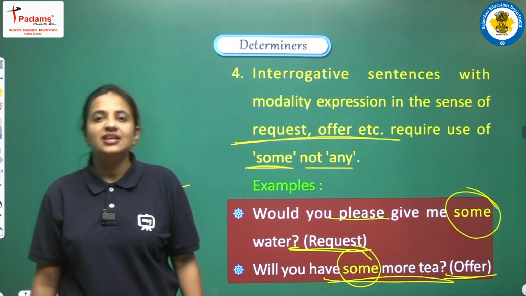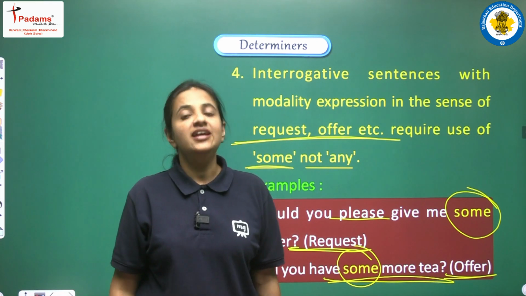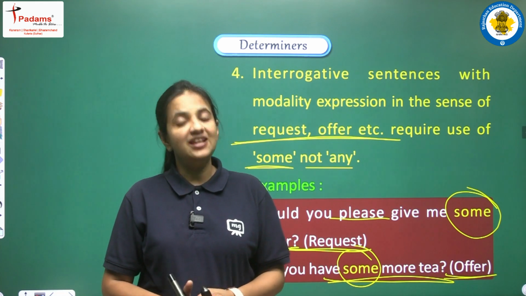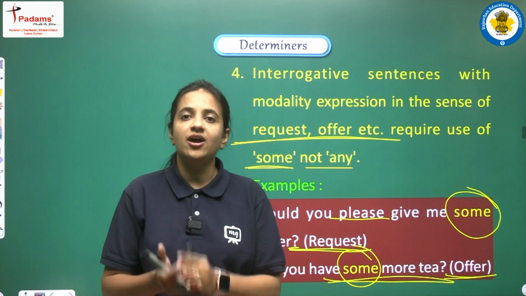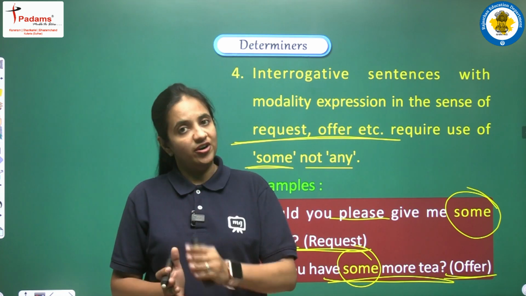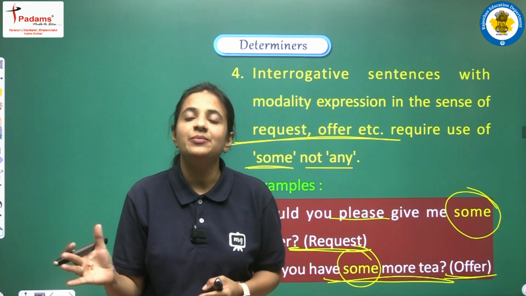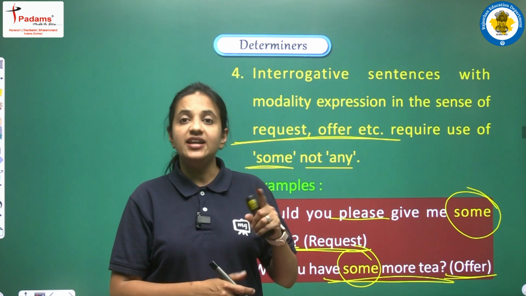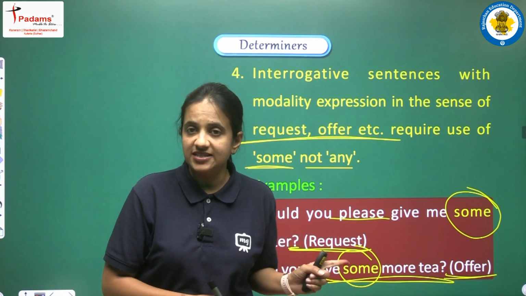Alright, so these are the basic uses of some and any. Again I am just summarizing all the things that we have discussed till now. First of all we discussed the basic difference. According to the rule we have seen that some is used in affirmative sentences and any is used in negative and interrogative sentences, right.